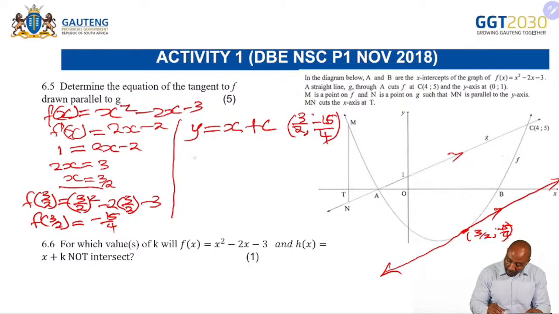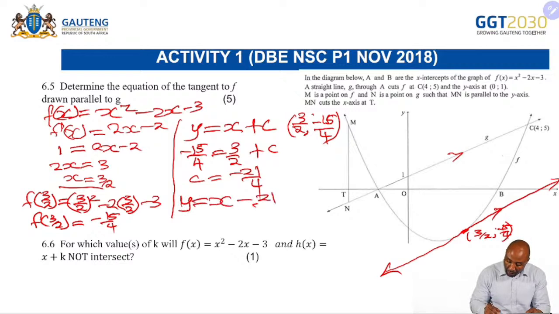So negative 15 over 4 is equal to 3 over 2 plus c. And we should get our c as negative 21 over 4. And the equation of our tangent will be given by y equals x minus 21 over 4. We get the equation of the tangent.